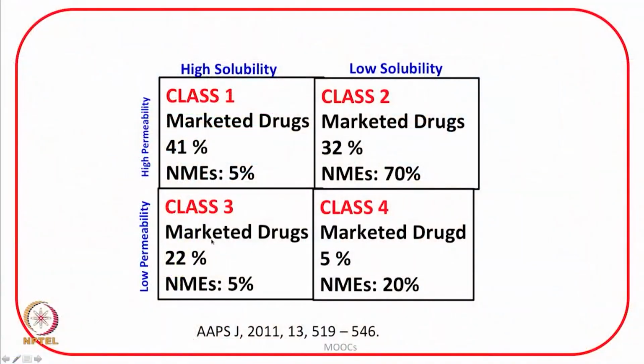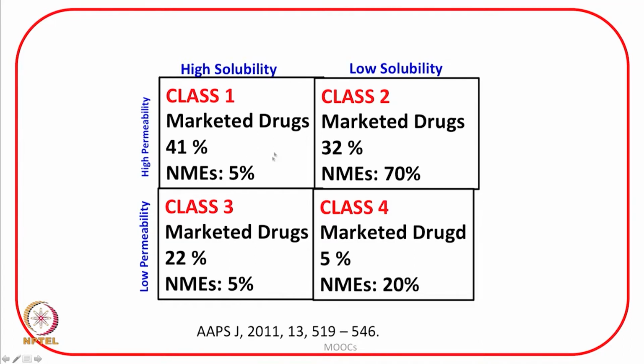Analysis of a lot of data available from literature over a number of years has suggested some guidelines or has given some important information. Let us take a look at this slide. Let me divide the drugs available in the market into 4 categories. Class 1, where the membrane permeability is high and solubility is also high.